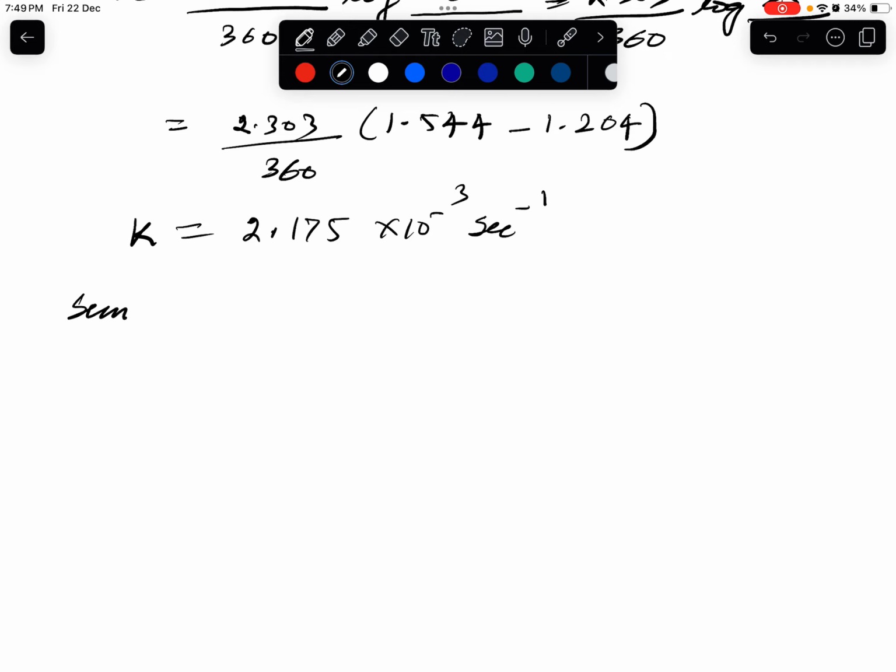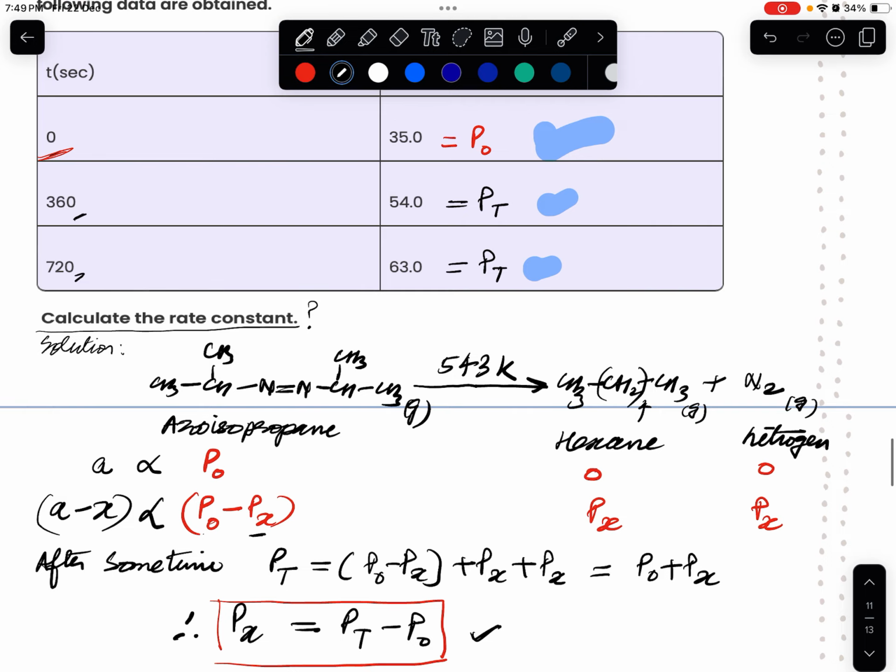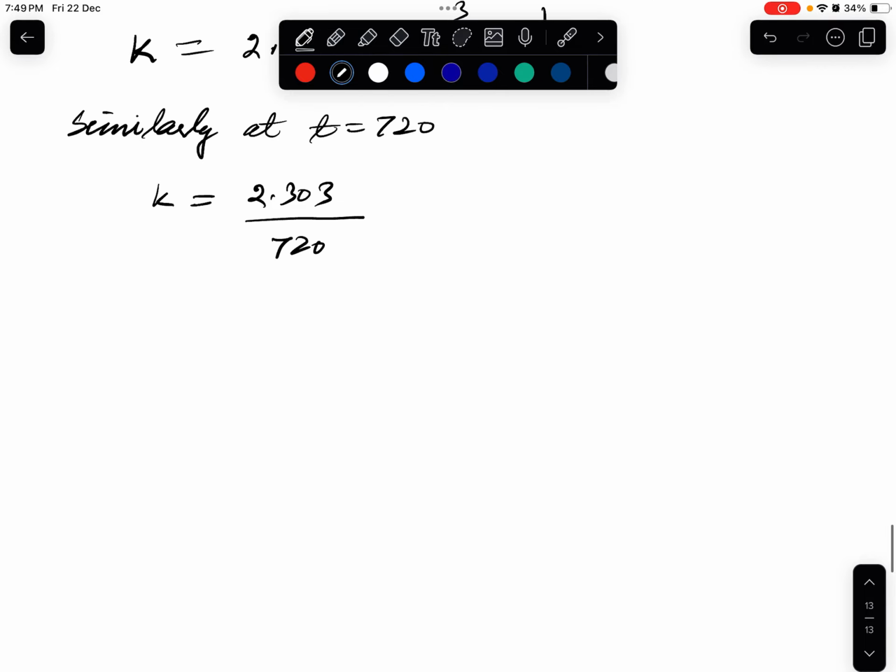Similarly, at T is equal to 720, we will write the equation in the same manner. K is equal to 2.303 divided by 720, the value which is given here, and for this the total pressure is 63. So 720 second, log of 35 divided by, 35 is P naught, it will remain the same, and 2 P naught will also remain the same, that is 70 minus the second value of P total, which is 63 in this case.